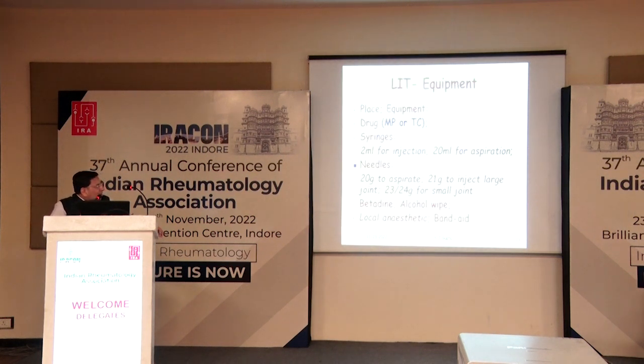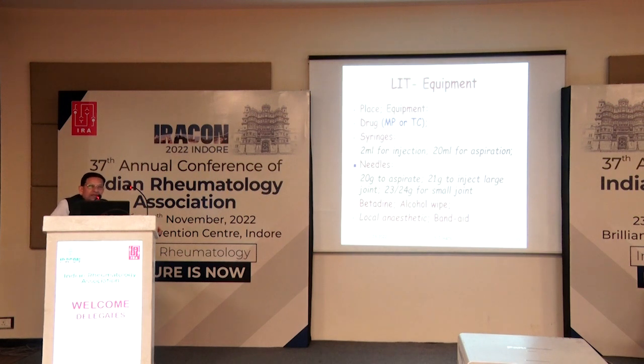So, place and equipment: one should decide what one is using, either methylprednisolone or triamcinolone. One should keep 2 ml syringes for the actual drug, and 20 ml for aspiration, particularly from a large joint like the knee. 20G is a reasonable size needle to use for aspiration.